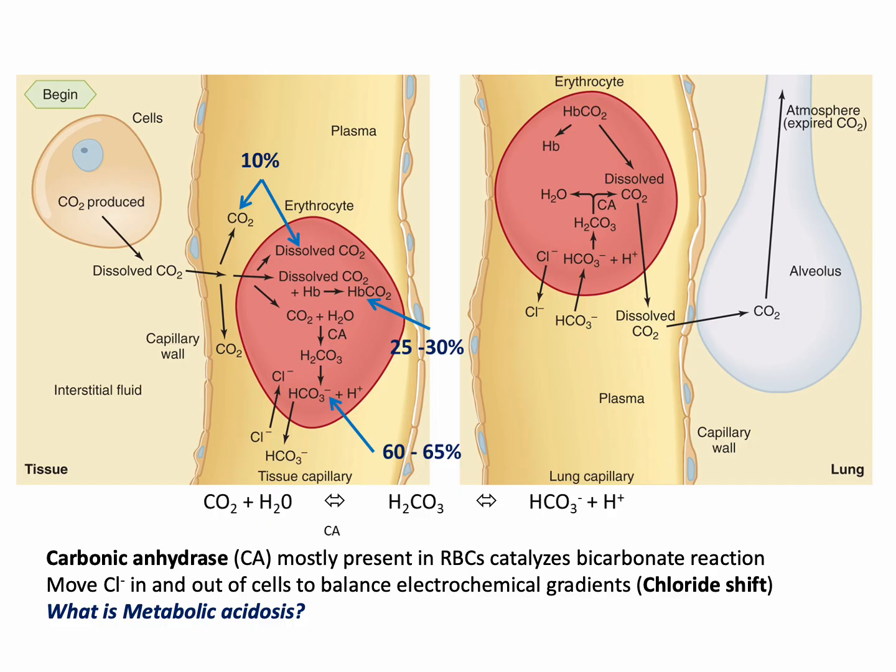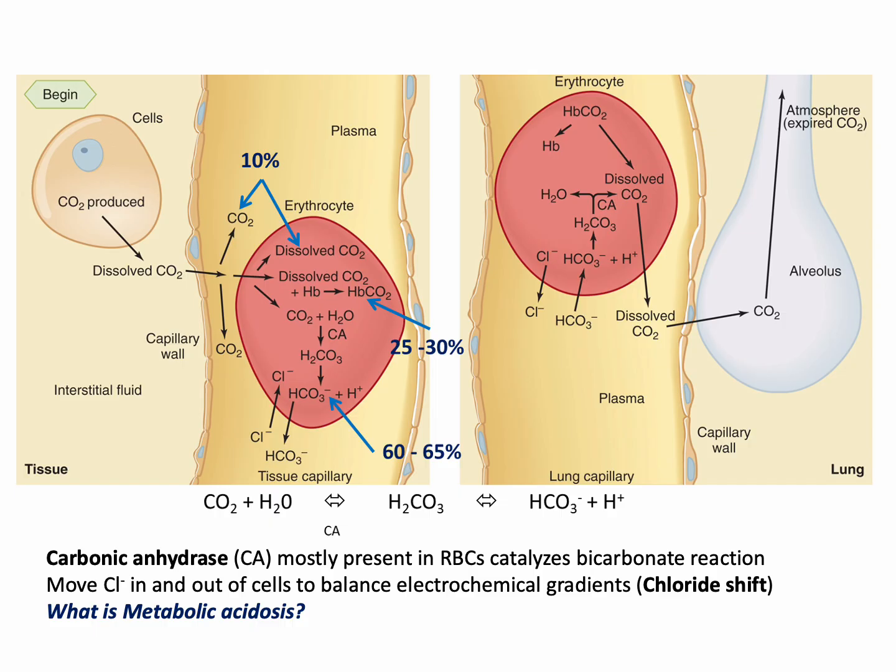Bicarbonate is HCO3 negative ion, right? Anion. So that bicarbonate tends to move out of the cells. So another thing I'll mention is that red blood cells have to maintain their cellular integrity, their electrochemical gradient. Since they're losing this negatively charged ion a lot, what they'll do is they'll import chloride. It's called the chloride shift.